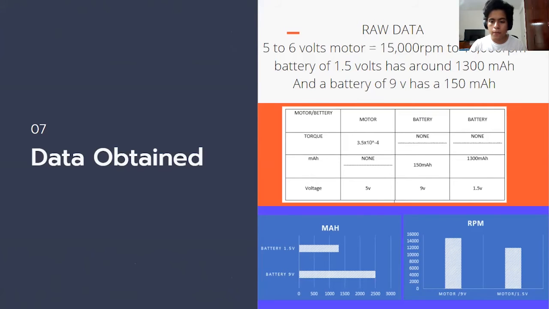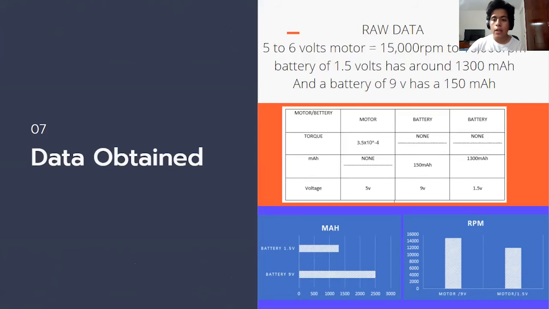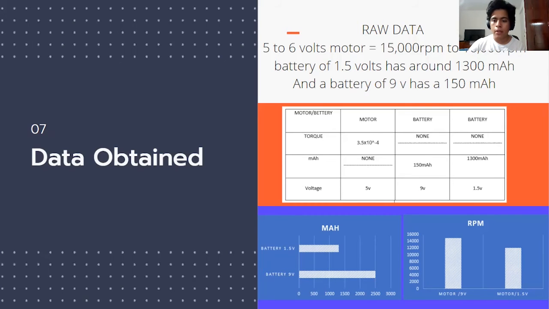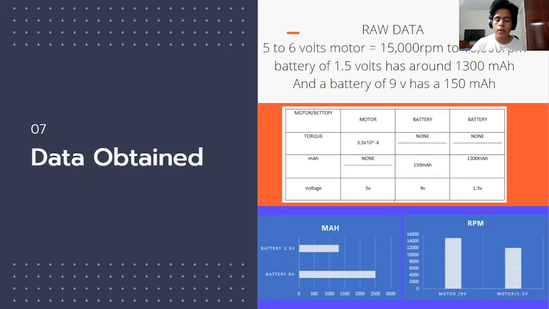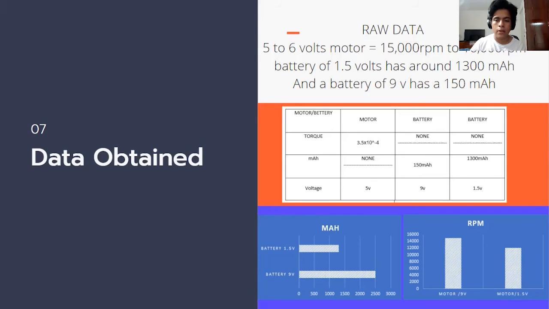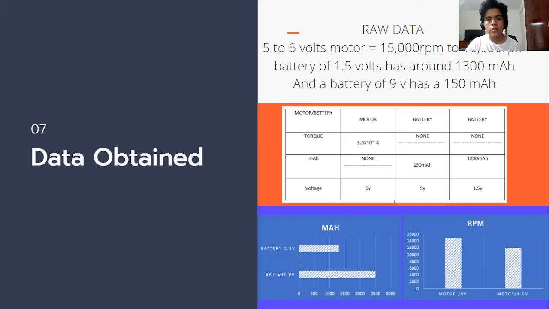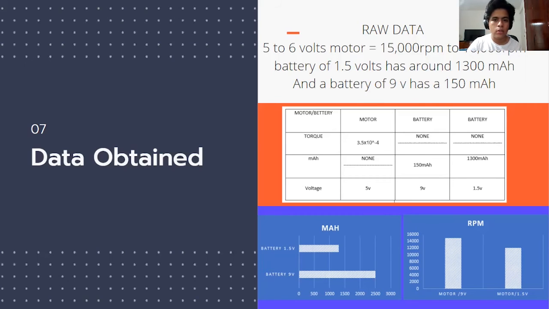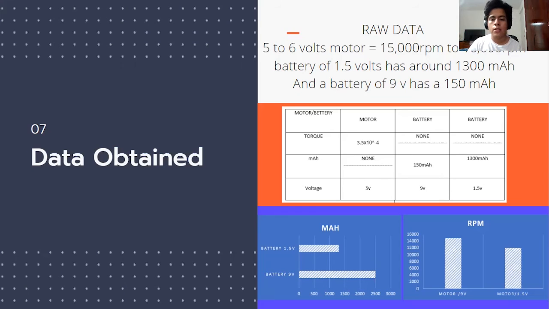in the second table, I make the comparison between these, using in one motor the battery of 9 volts, and in the second motor the battery of 1.5 volts. This is the only thing that changes because, as I already mentioned, the motors are both 5 volts.